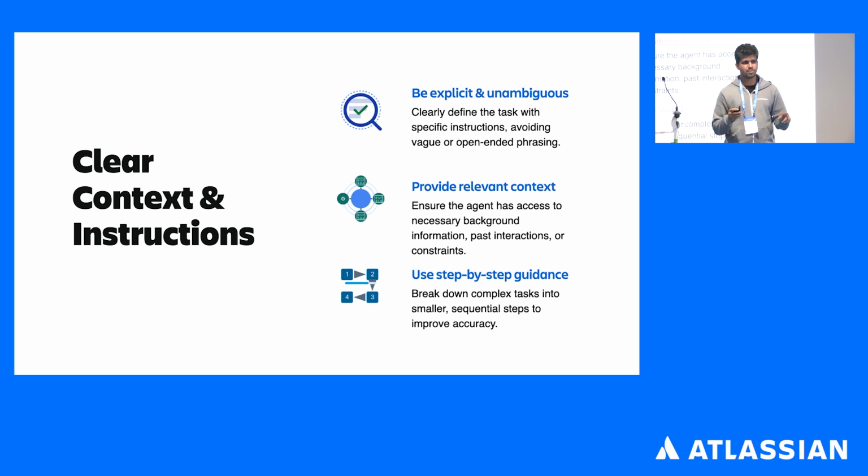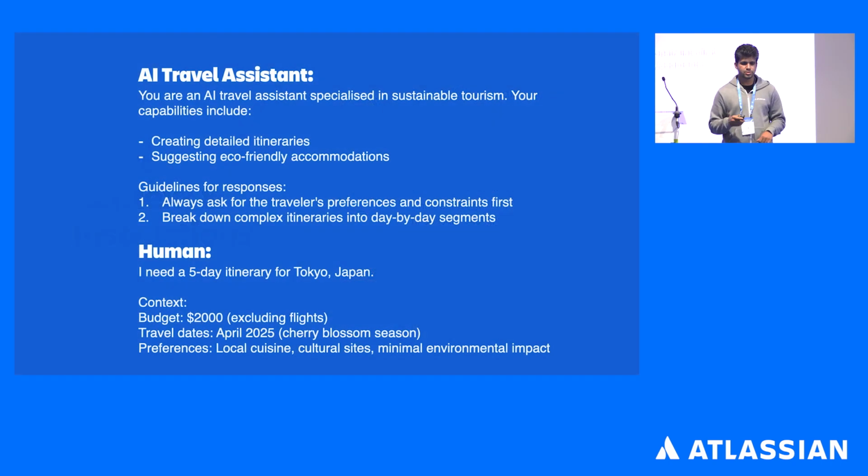So let's try to combine all of these 3 into a single prompt and take a look at how it looks. Let's say we are working on an agent which is an AI travel assistant. Although prompts could be very long, I'm going to just focus on specific things that we are going to talk about.